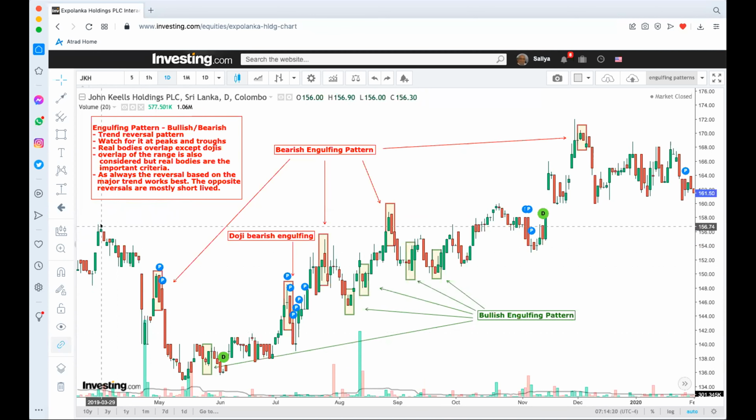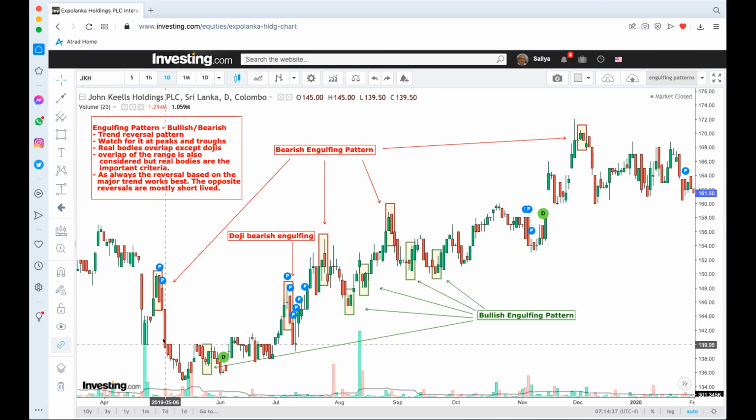Thereafter, you can see that the highs have become lower, making a lower high formation with a lower low formation. And thereafter, we can see here that the pause took place.